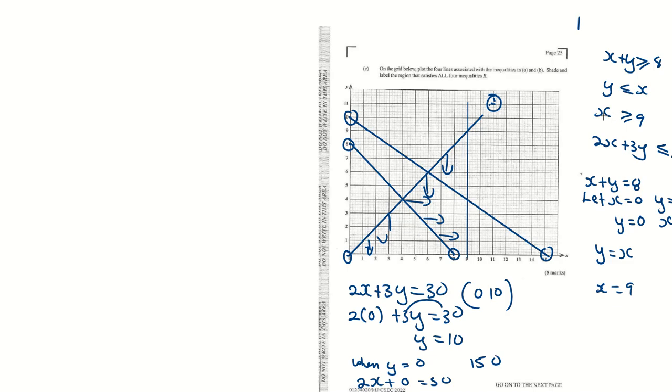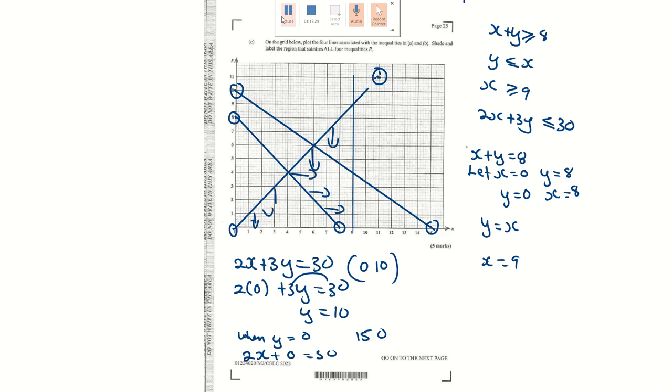Then when they say x is more than or equal to 9, no, that's not more than. It's supposed to be less than, which would be this region here, right?